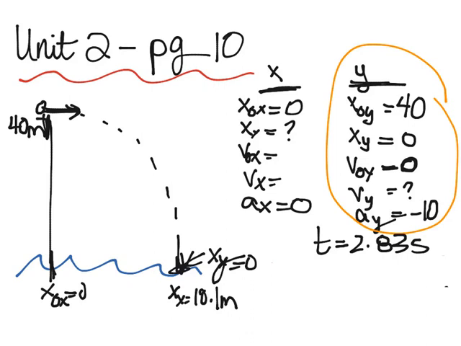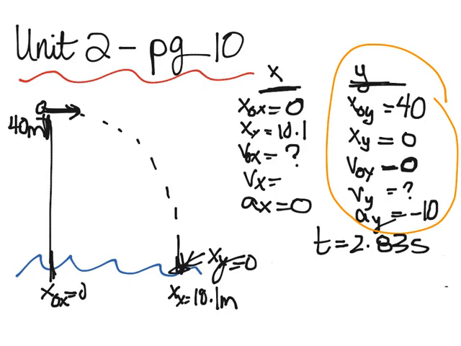So we're going to get rid of this question mark and put a 10.1. So that's still 0, and we have 10.1. And what we're looking for is v naught x.